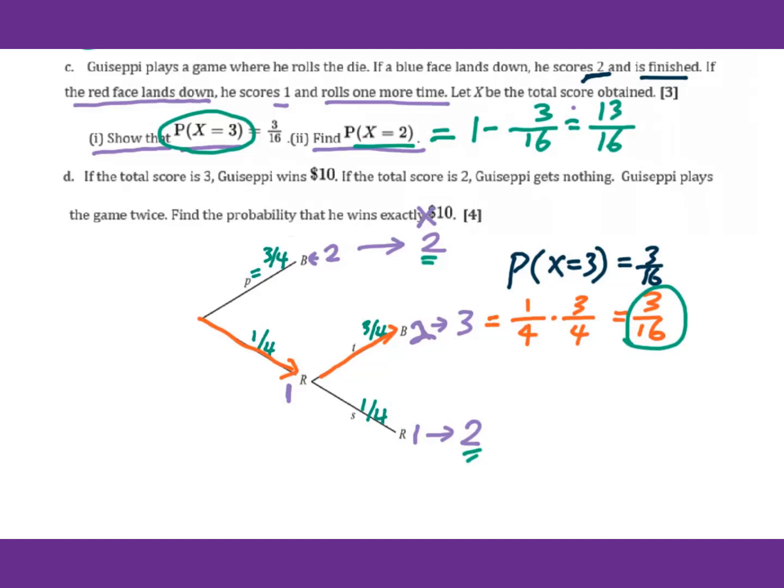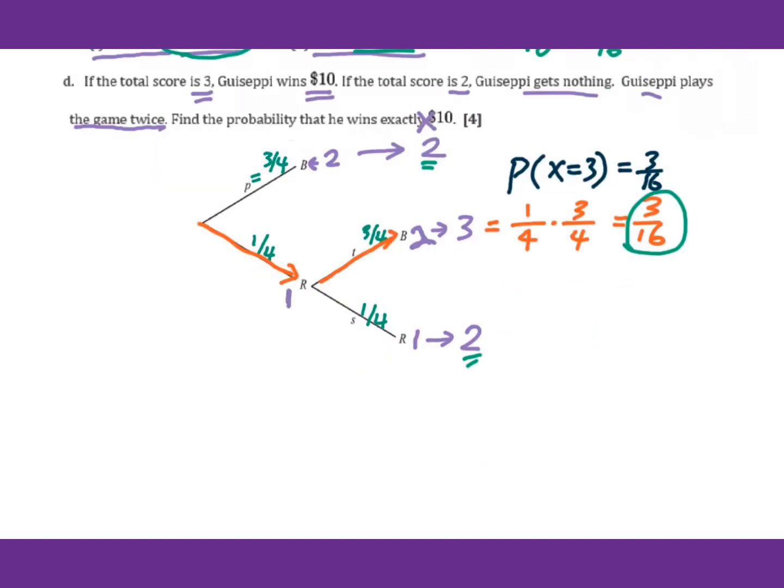For D, if total score is 3, this guy wins $10. If the total score is 2, he gets nothing. This guy played the game twice. Find the probability that he wins exactly $10. Since this guy played the game twice, we have 2 situations.